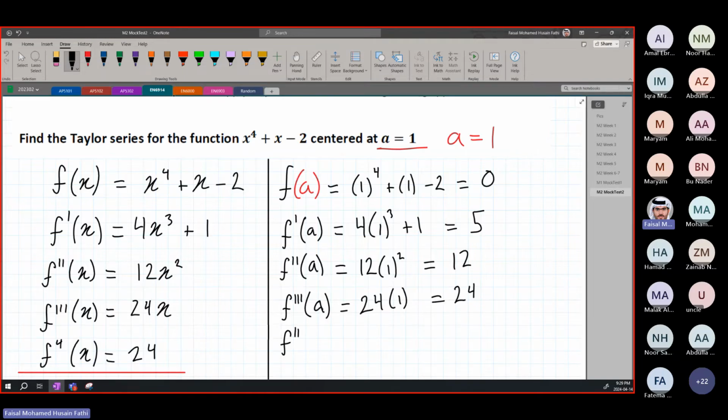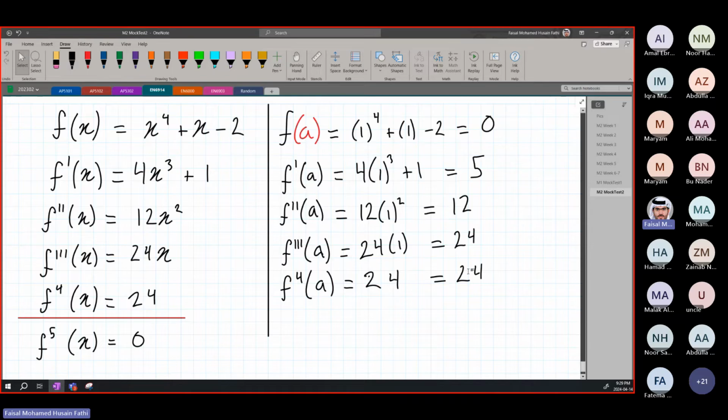Same thing for your last derivative, the fourth one. The fourth derivative of a is equal to 24, since there's no x to substitute in. So again, all you're doing is substituting your value for a inside all of these.